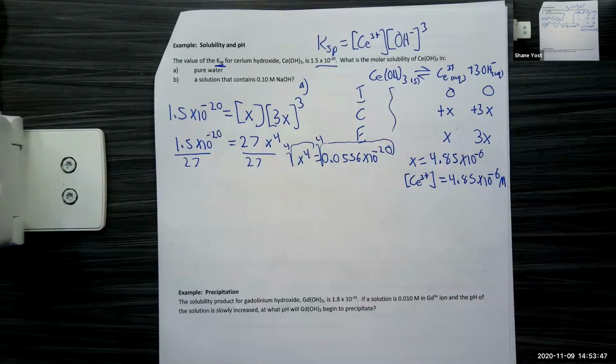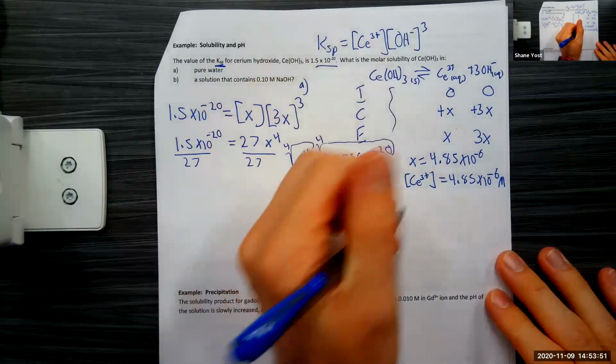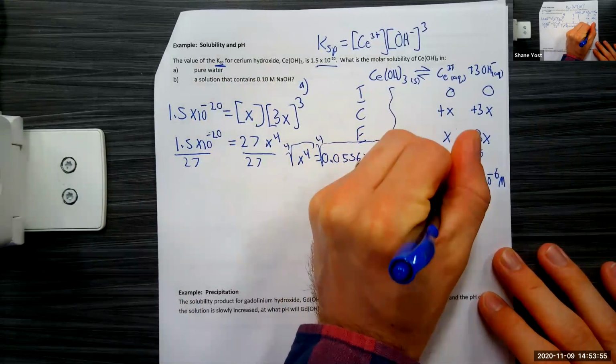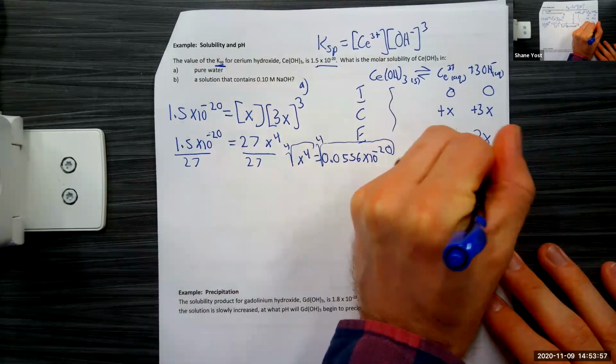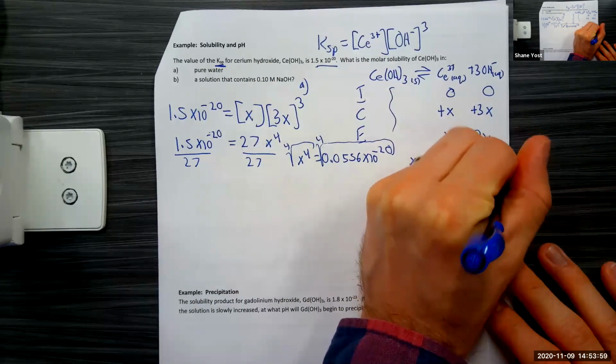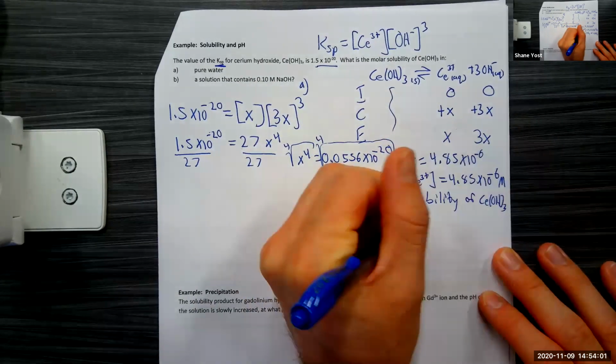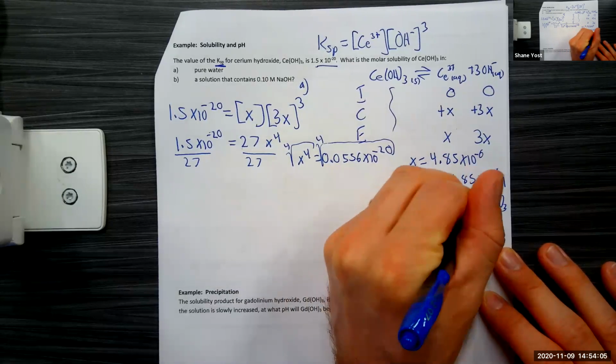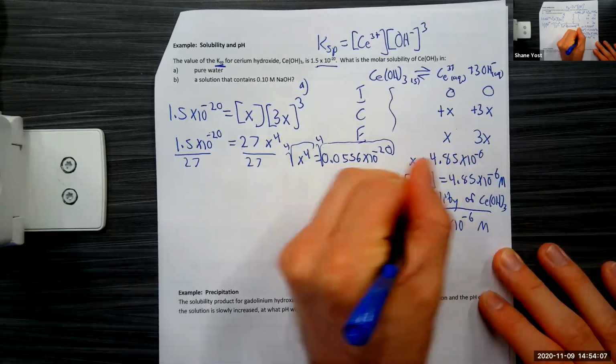I can dissolve 4.85 times 10 to the negative 6 moles. Yep. So the molar solubility of CeOH3 is just 4.85 times 10 to the minus 6 molar.